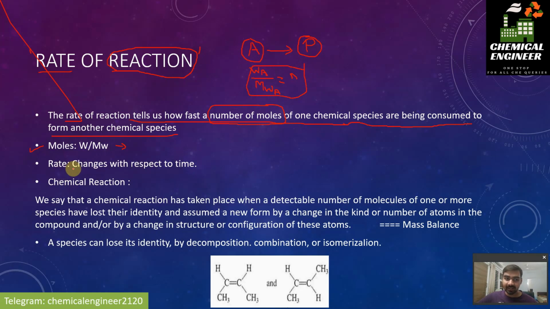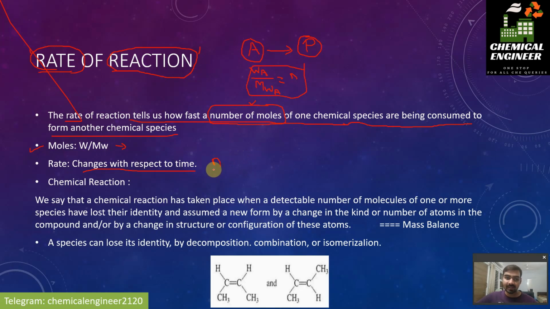And rate means nothing but change with respect to time. So we have the first part of the rate of reaction definition, that is rate, change with respect to time. What changes here? We have defined number of moles. So the change in number of moles with respect to time will be our rate of reaction.